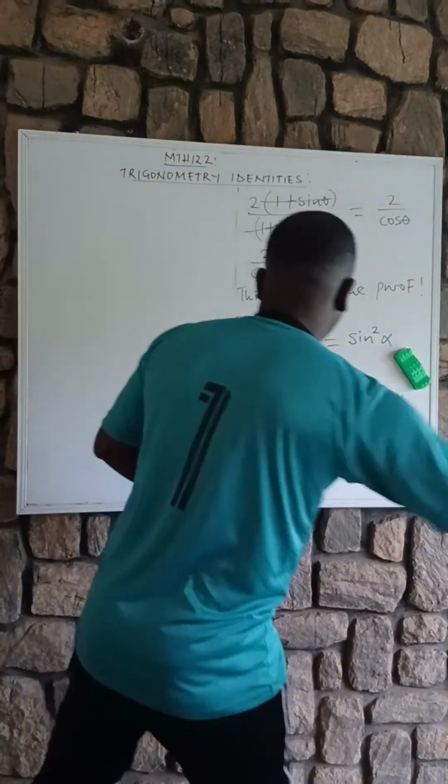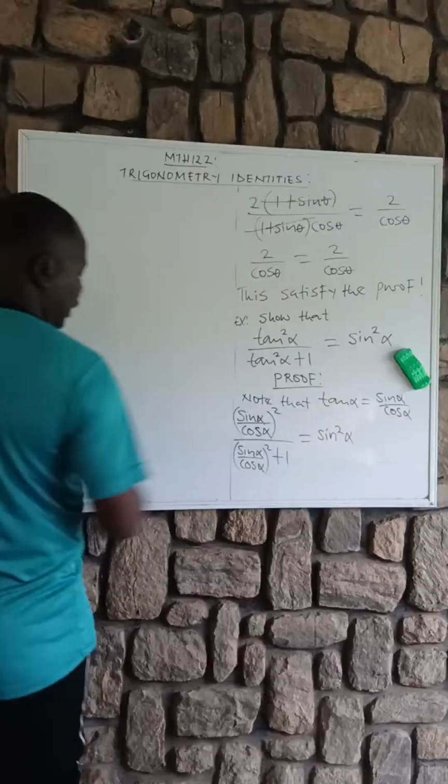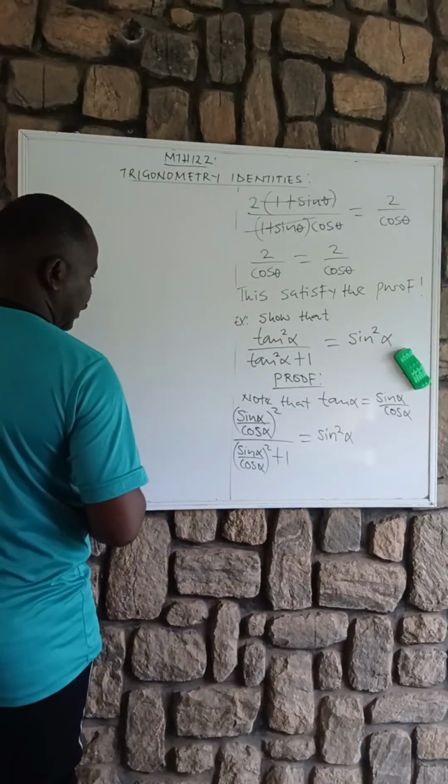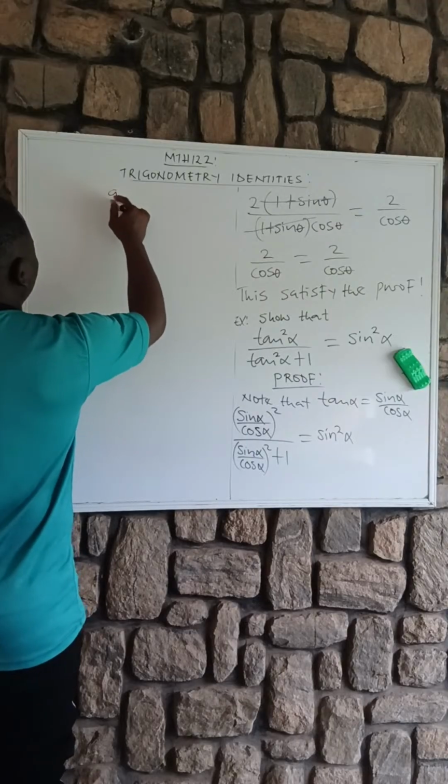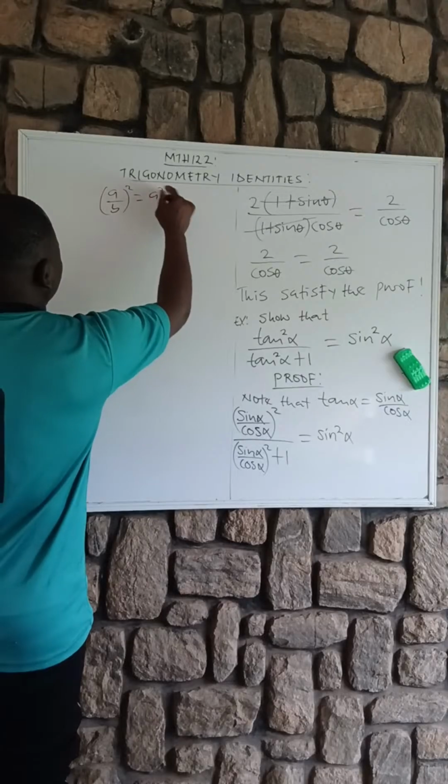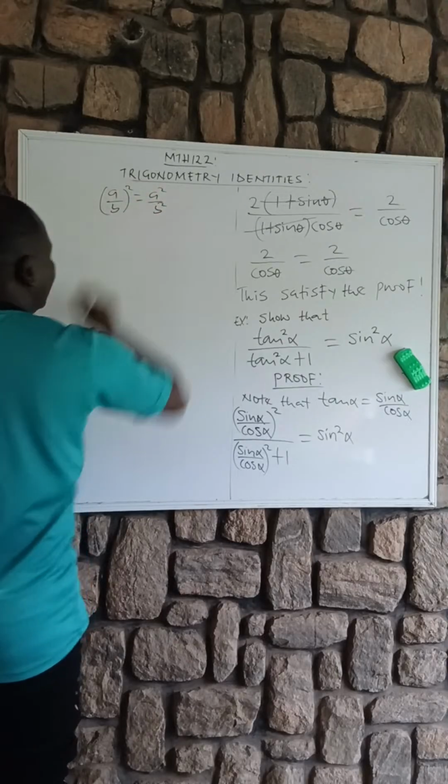So if you agree with me, look at the left hand side. It means if we have A all over B all in square, this is the same as A square all over B square. True or false?